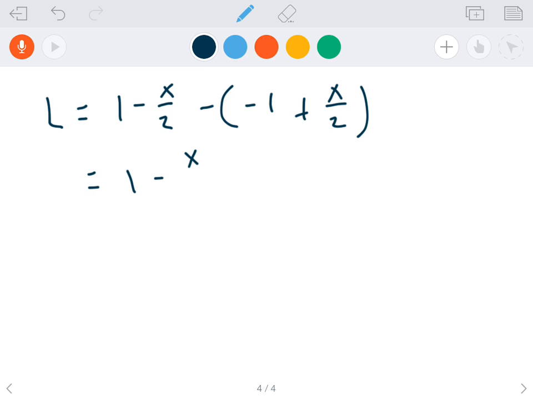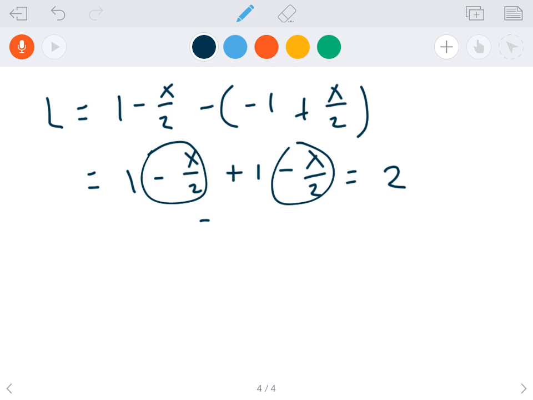Let me distribute that negative. That's a plus. And if I combine my like terms, I'll get 2 minus, that will become minus 2x over 2, or just x. That's a nice, convenient formula for L.